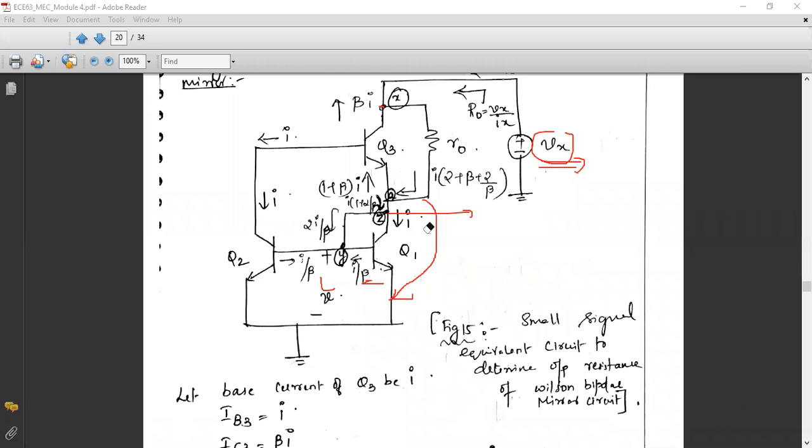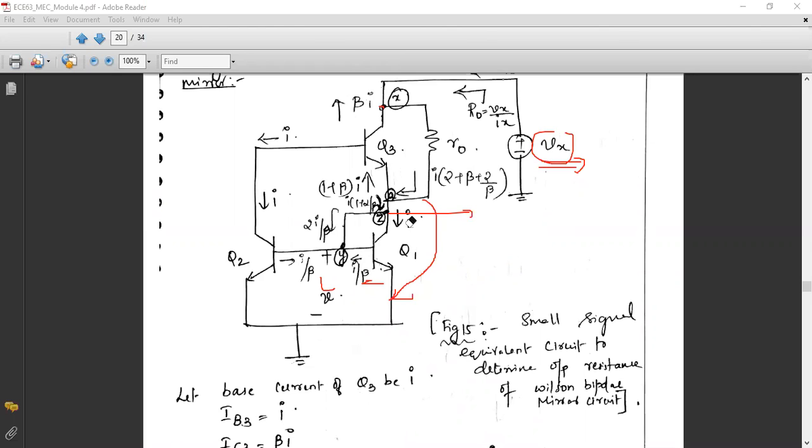Okay. So how will you write the expression for Vx? Can anybody tell me? So with this discussion, how will you write the equation for Vx? I told you it is a voltage drop across R0 plus the voltage drop across Q1. And what is the voltage drop across Q1?